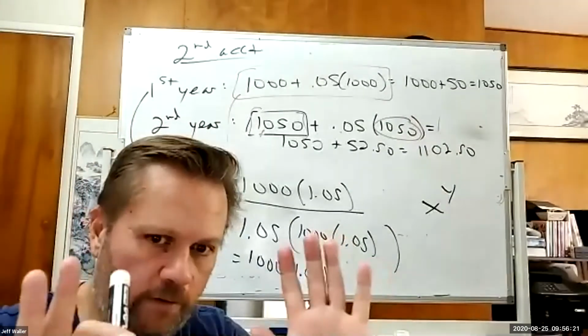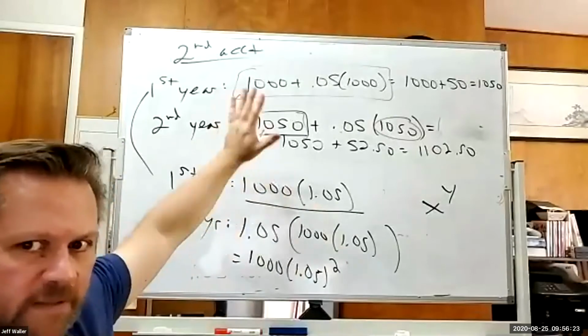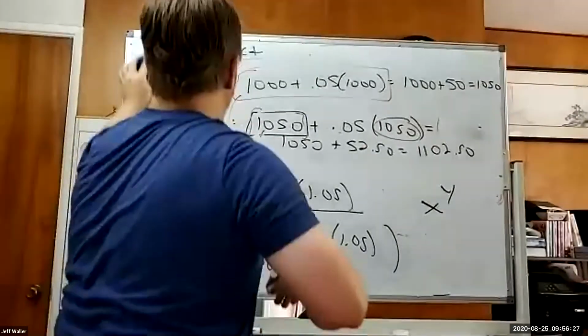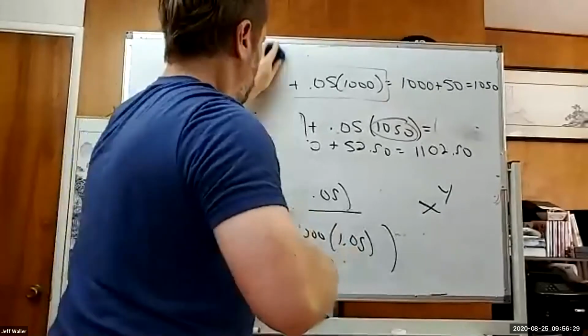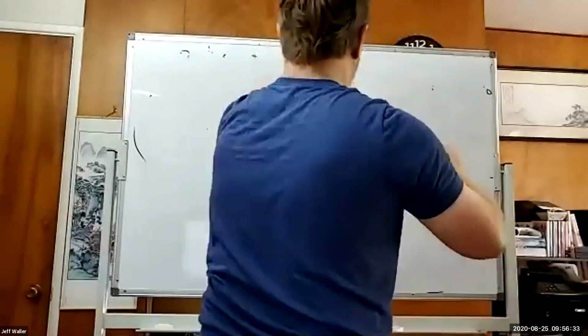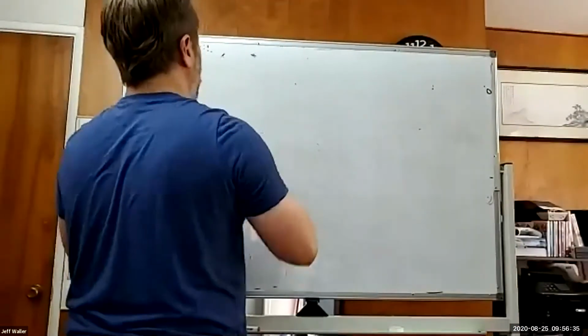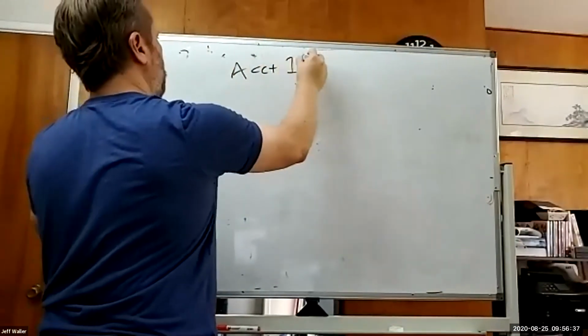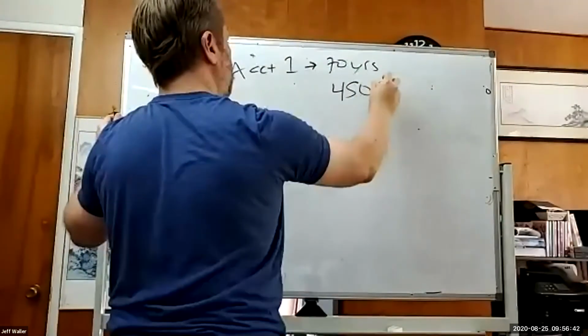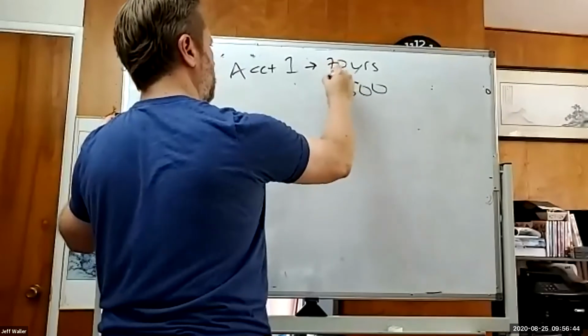Okay, so I'm going to assume everybody's got all of this written down. So now, remember the first account, account 1. At the end of 70 years, it was 4,500 bucks? Yes. Remember that?